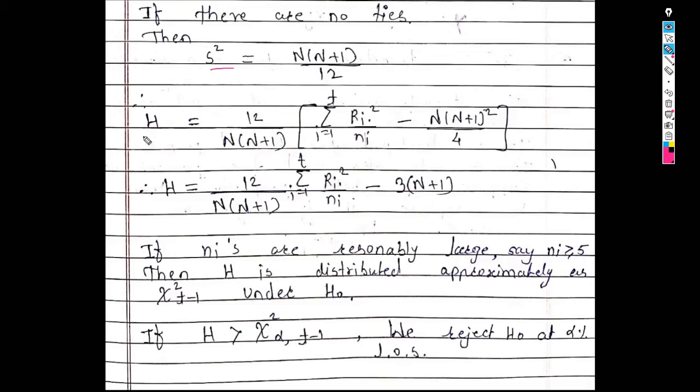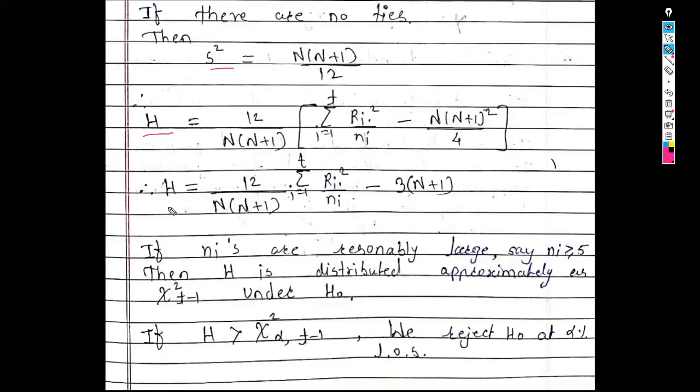So our test statistic can be defined as 12 upon N(N+1) times [summation over i of Ri.² upon ni minus N(N+1)² upon 4].